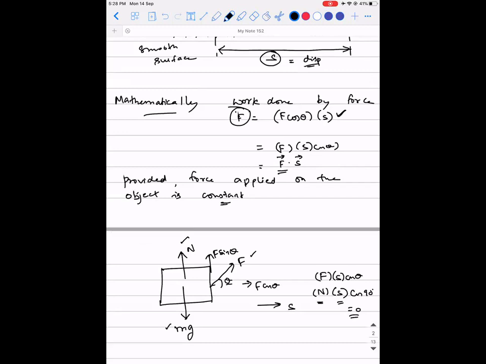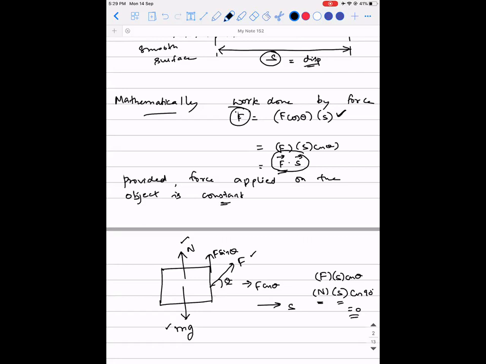What kind of product are you doing between force and displacement? Dot product. What is the other name for dot product? Scalar product. Why is it called scalar product? Because when you do the dot product between two vectors, the output will be a scalar quantity.